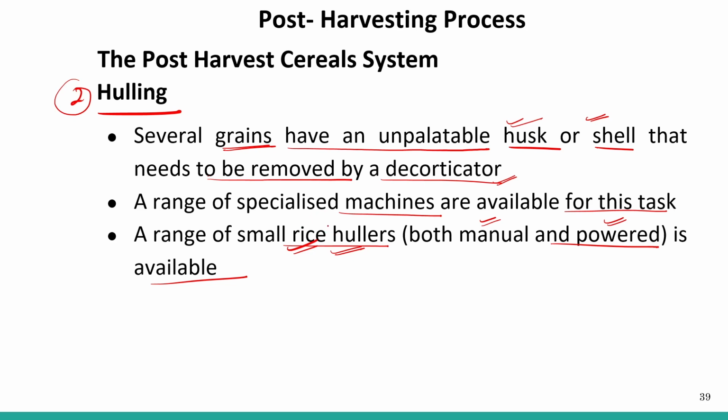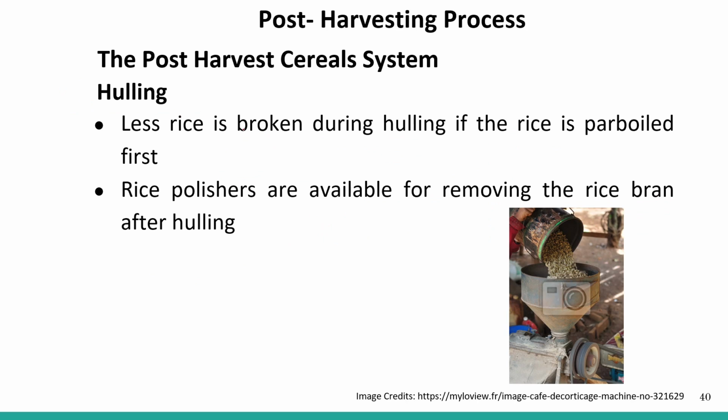Huller machines are available. Less rice is broken during hulling if the rice is parboiled first. What we do is parboil, meaning we boil the rice for some duration of time, not fully boiled, and then it is used for hulling.